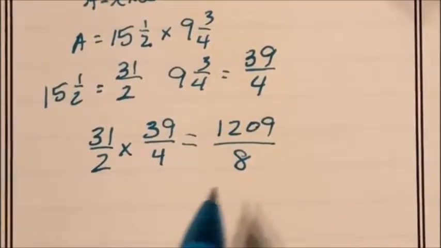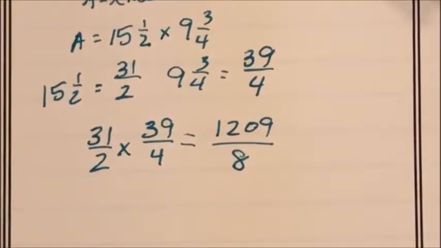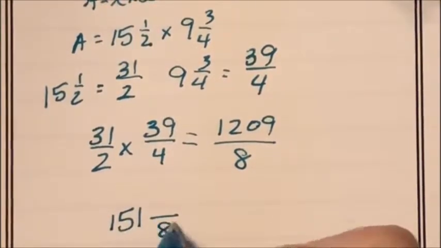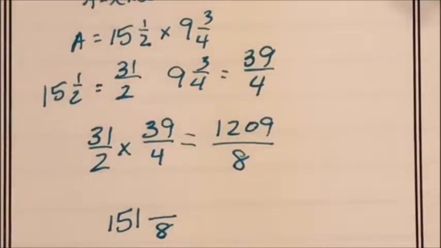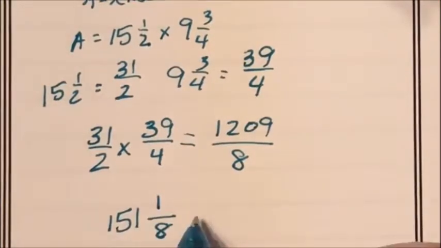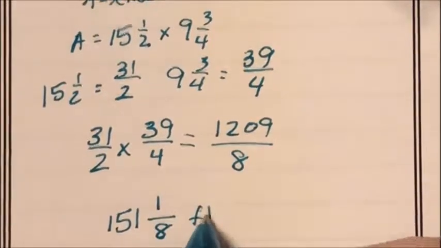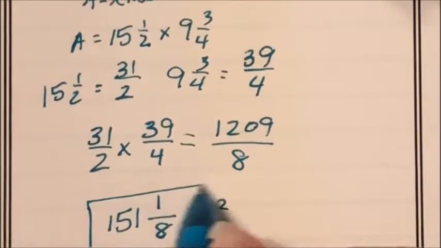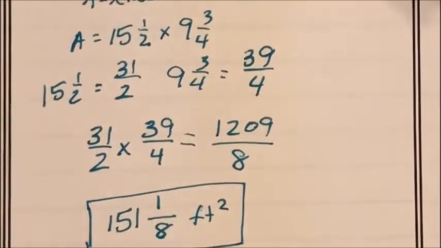Okay. Then I'm going to ask myself, how many times does 8 go into 1,209? It's 151, with 1 left over. So 151 and 1/8 square feet is the area of the patio. And that is the end of lesson 4.